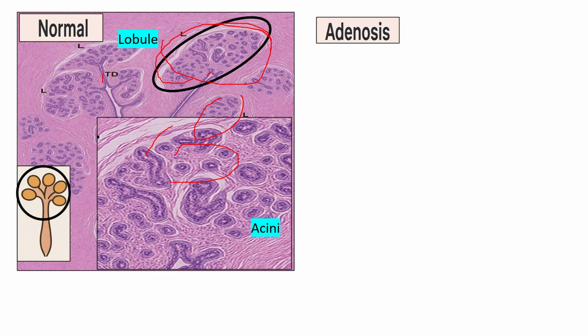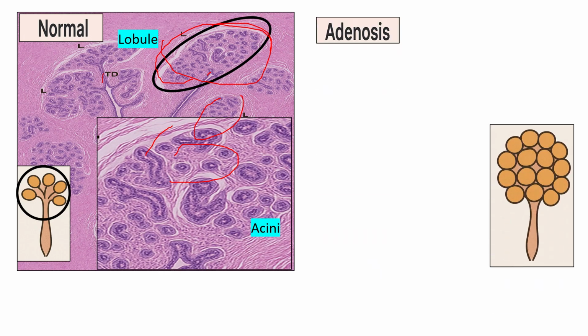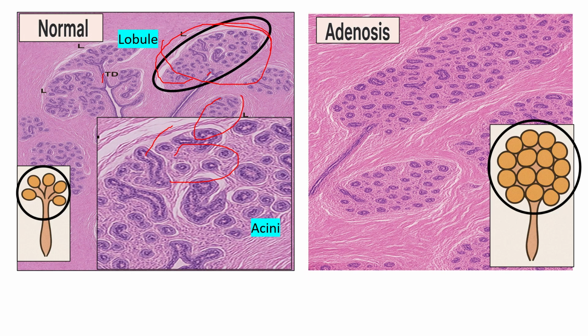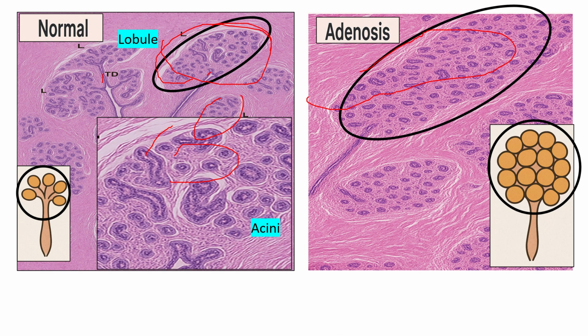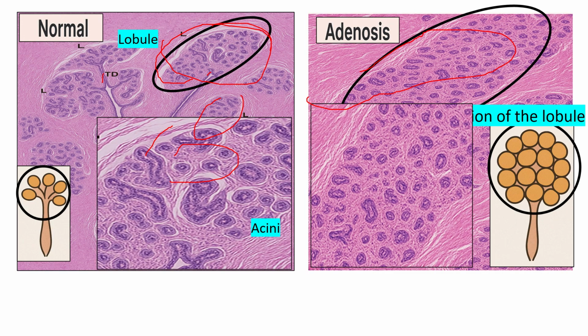But in adenosis, now what is happening? In the terminal duct lobular unit, there is expansion of the lobule, that is because of acini. As we can see here, this is the lobule consisting of acini, and there is expansion of the lobule because of increase in the number of acini. But the lining of the acini remains the same, the double layered lining remains the same, but the number of acini has increased.